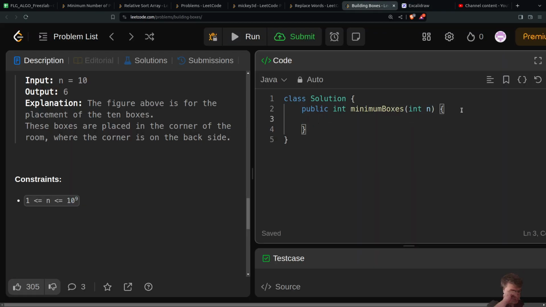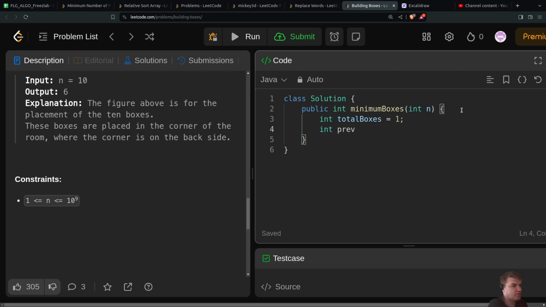So initially I need to go int, let's say I have a variable total boxes equals, let's say I'll start with 1.